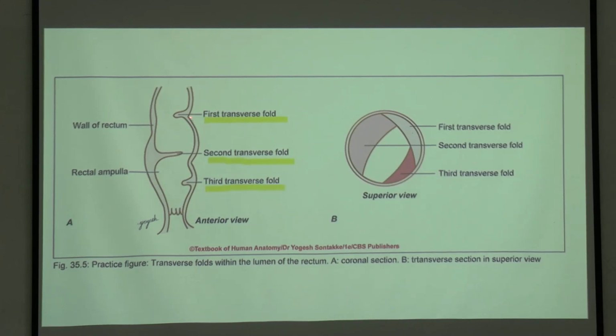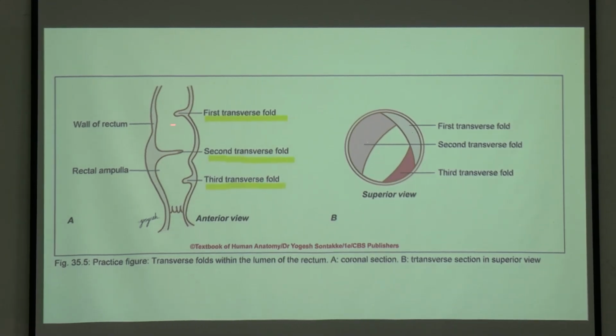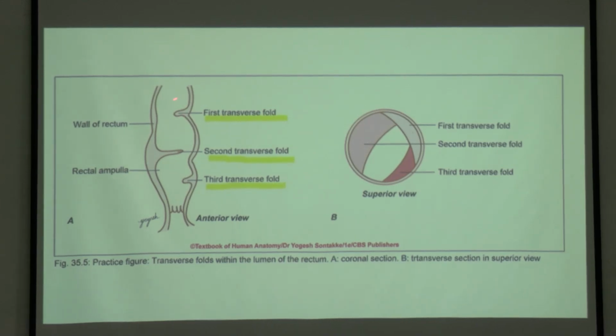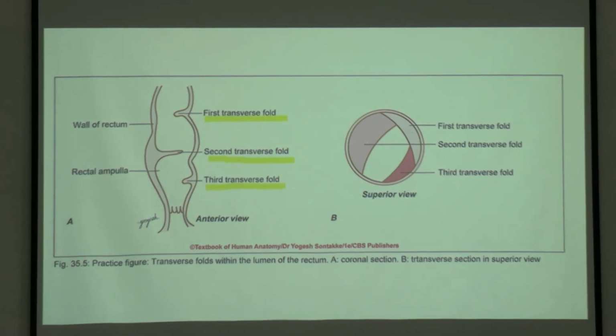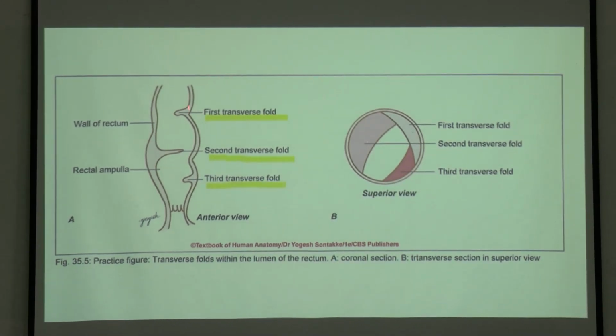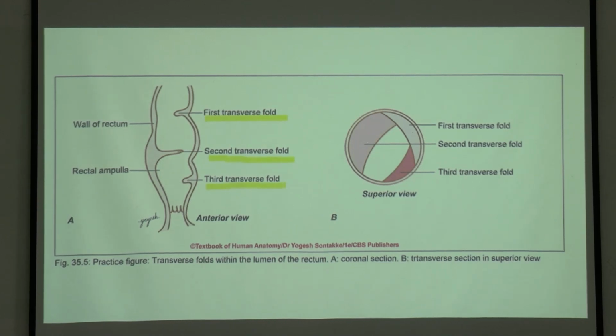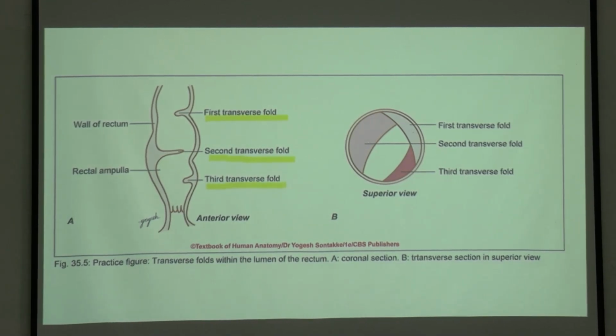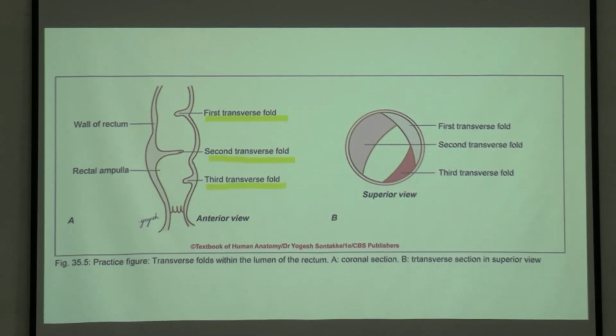We can find the first valve in the upper part, which is very much consistent. And this fold is related to the left wall of the rectum. The next one is very much consistent. Always we will get the second one.